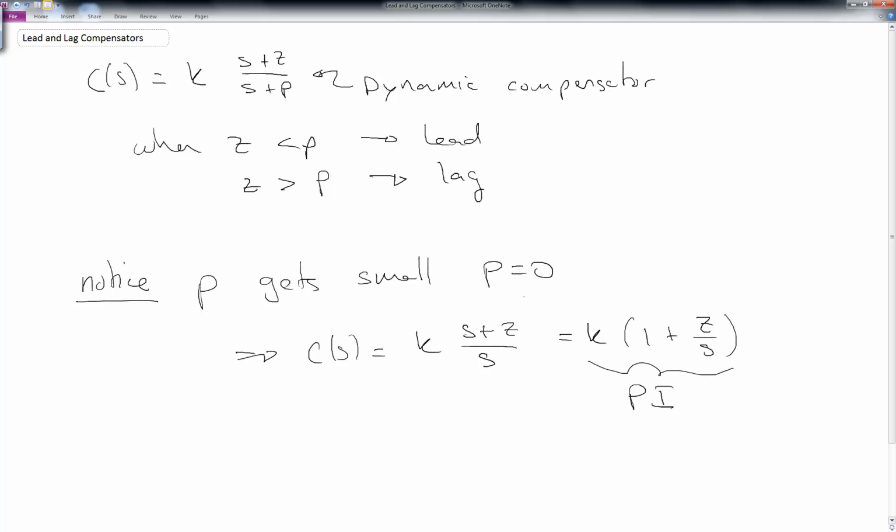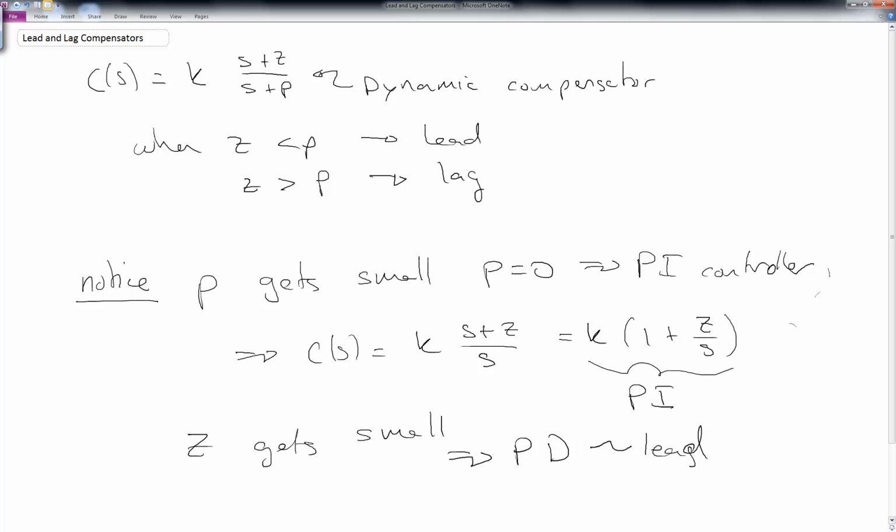So when p is relatively small, this approximates a PI controller. Likewise, as z gets small, it tends to look like a PD controller. And that's equivalent to having a lead filter versus a lag.